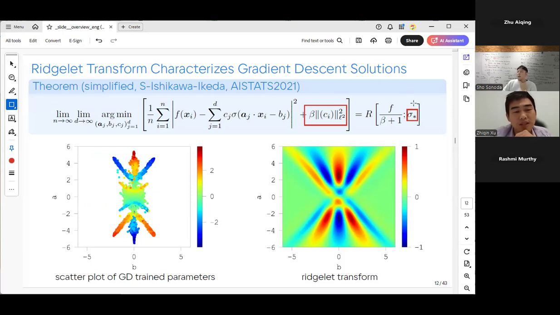The solution has some very specific neurons in the same direction always. Actually, during our training of neural networks, we found that if you use very small initialization, the neurons a and b will be in a similar direction or aligned together.